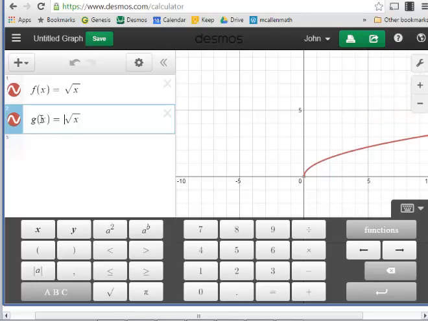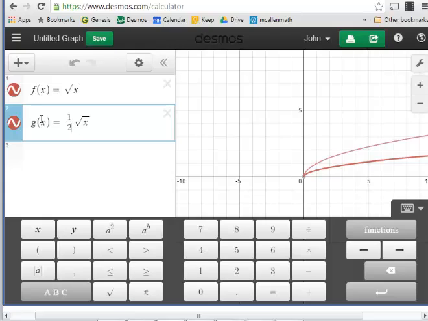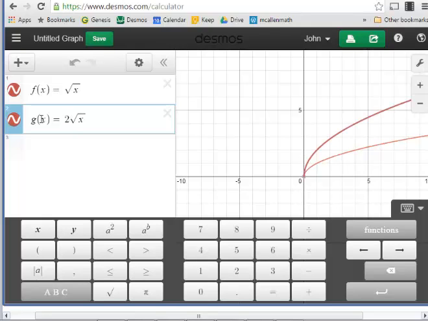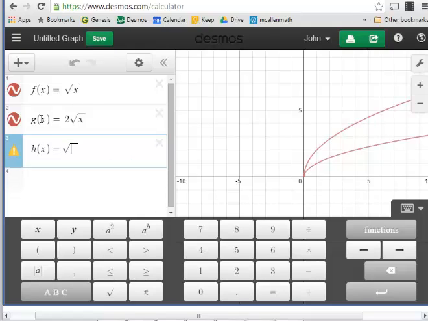If I did a 1/2, you'd see that it shrunk it by a factor of 2. Now, I'll just leave that as a 2 to show a stretch of 2. Now, what if I put the 2 on the inside of the function as a multiplier to the x? So h of x is equal to square root of 2x.